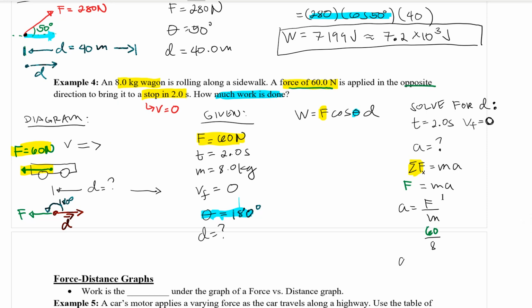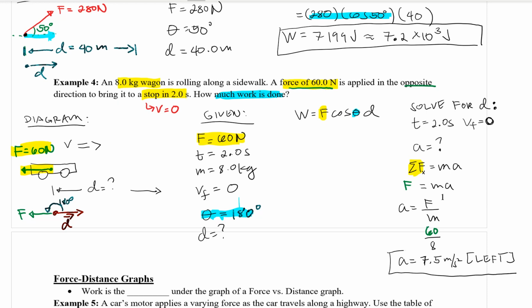So in that particular case, the acceleration would be 60 divided by 8, which gives you 7.5 meters per second squared to the left. It's to the left because the net force, if you can see in your drawing, is also to the left.